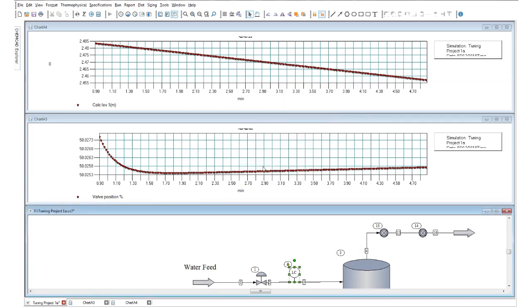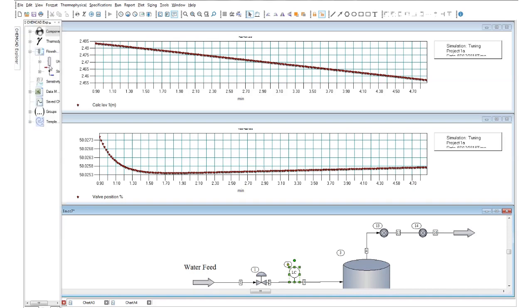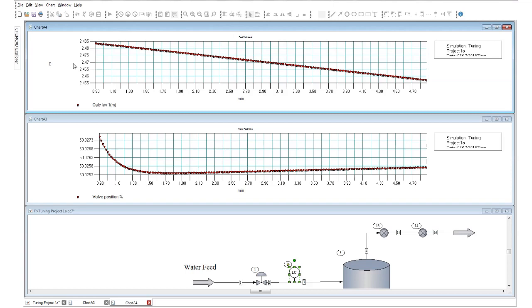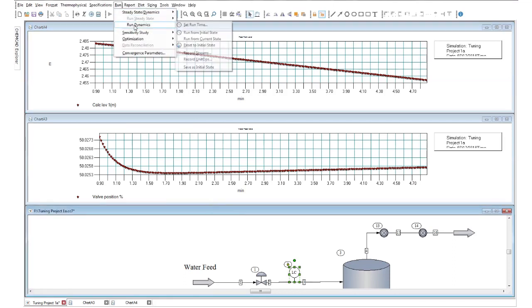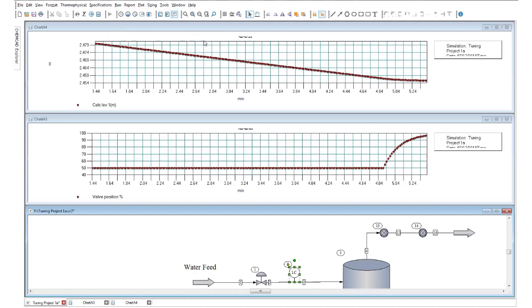Now remember, what we're looking for is a stable oscillation of the height in my tank versus time. So now I want to click on Run, Dynamics, and then hit Run from Current State.